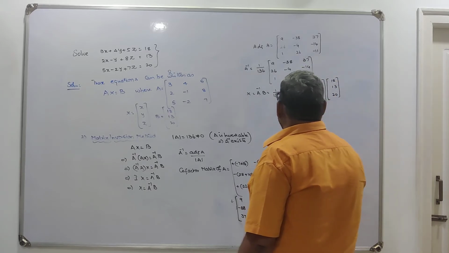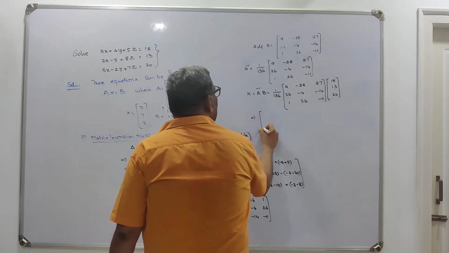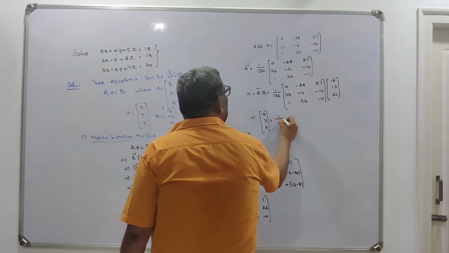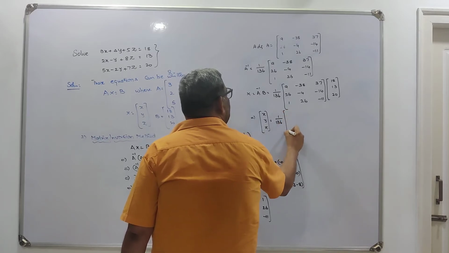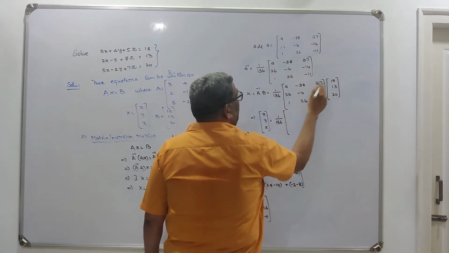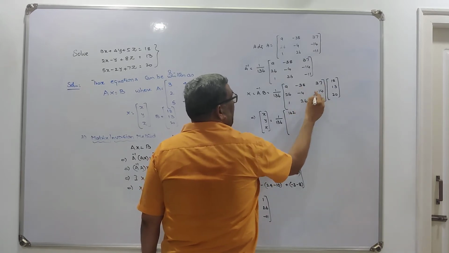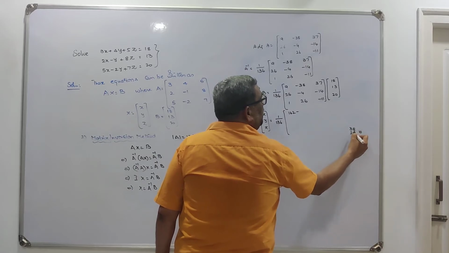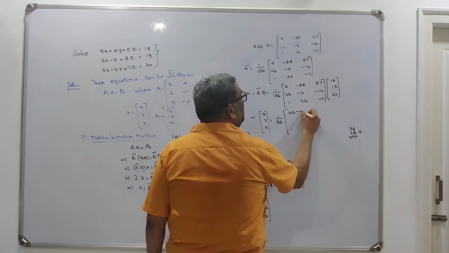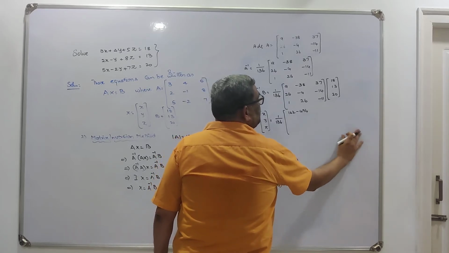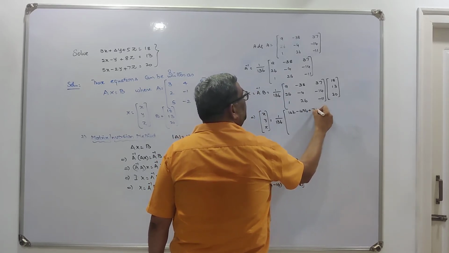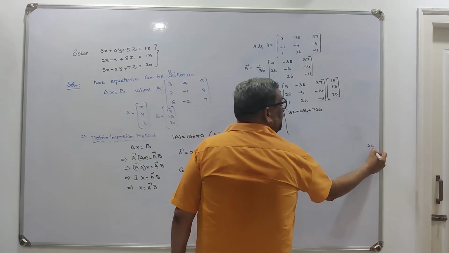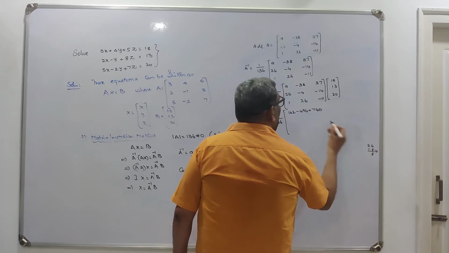You can simplify it. So x, y, z is equal to, leaving 1 by 136 aside for now, 9 into 18 is 162, minus 38 into 13 is minus 494, plus 37 into 20 is 740. Then 26 into 18 is 468.